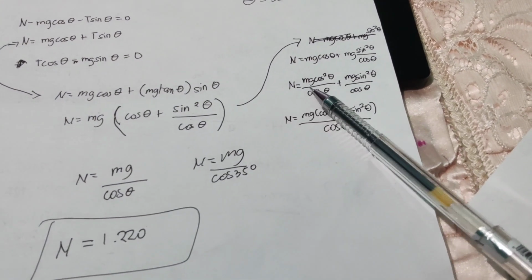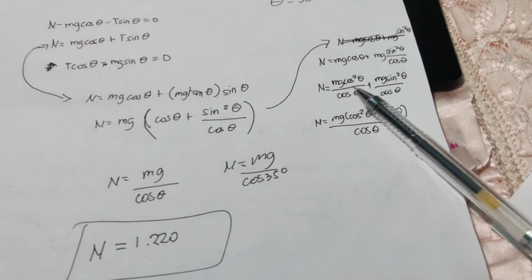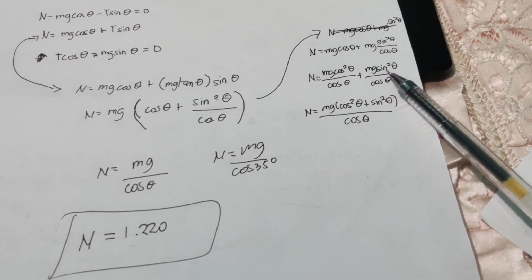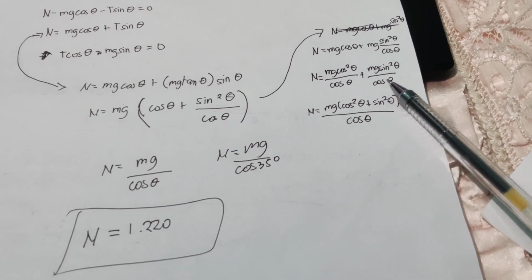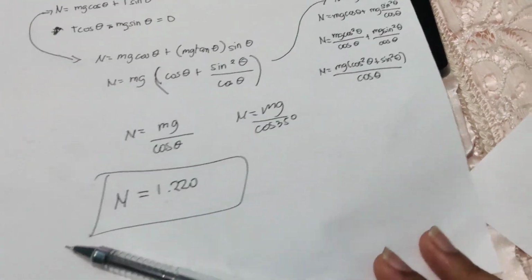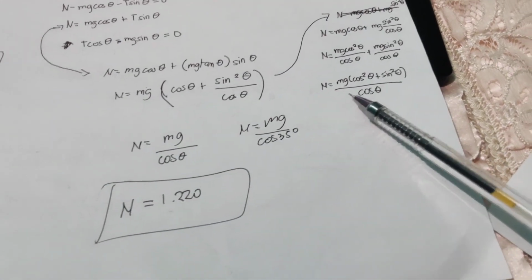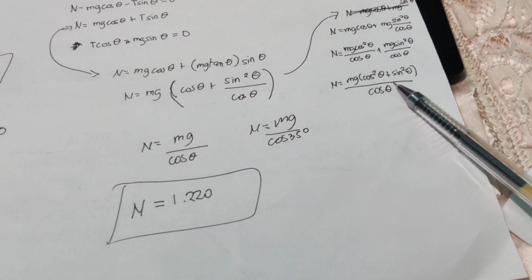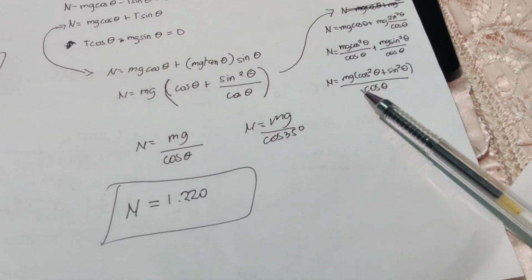So N is equal to mg cos squared theta over cos theta plus mg sine squared theta over cos theta. So N is equal to weight times cos squared theta plus sine squared theta over cos theta.